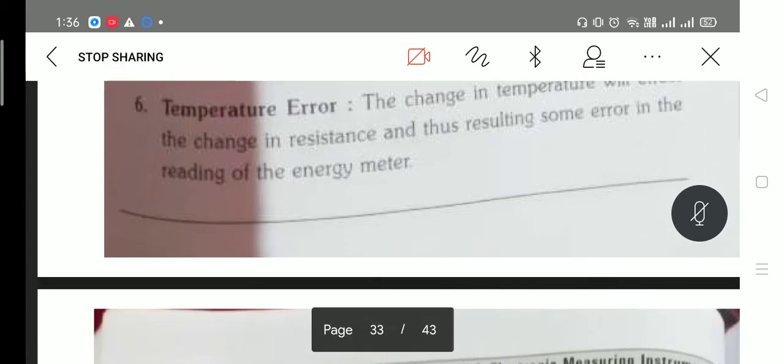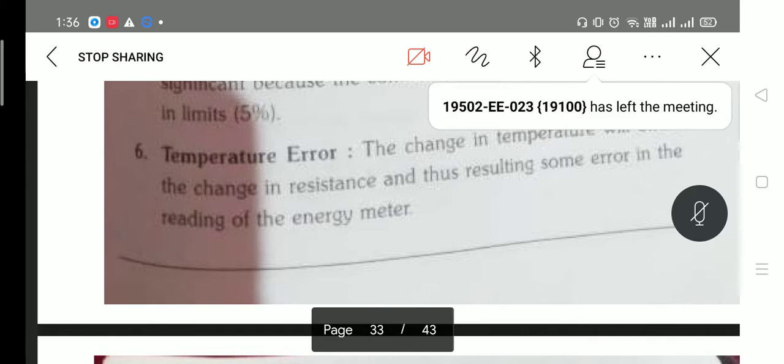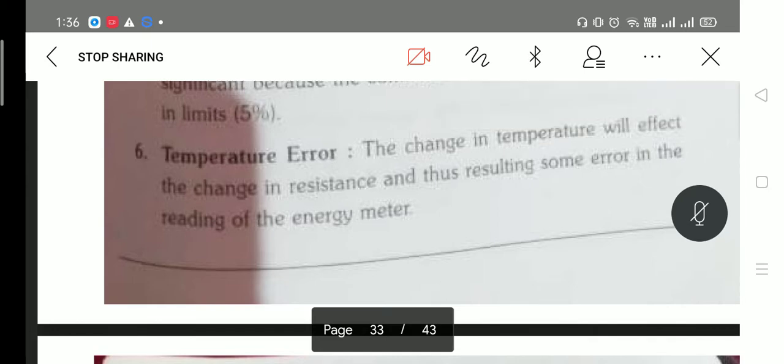Temperature error. Because of the change in resistance, we will get heat. But this temperature error we cannot eliminate completely in this energy meter, because external temperature effects we cannot avoid.